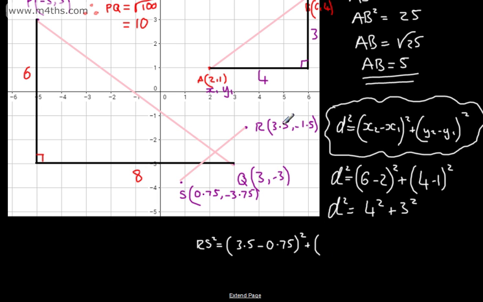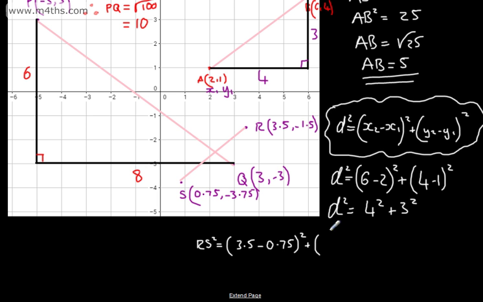Because I started with 3.5, I need to start with the negative 1.5. We can't swap the x1s and x2s and y1s and y2s round. We need to stay consistent. We can, of course, do x1 minus x2 all squared as long as we do y1 minus y2 all squared. We can't muddle them around.